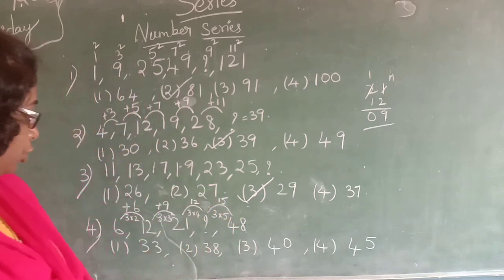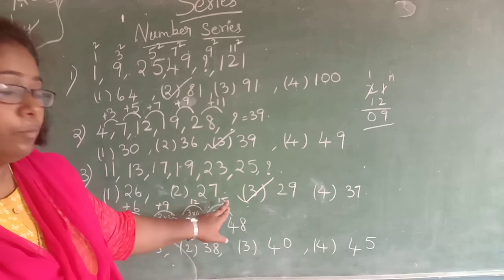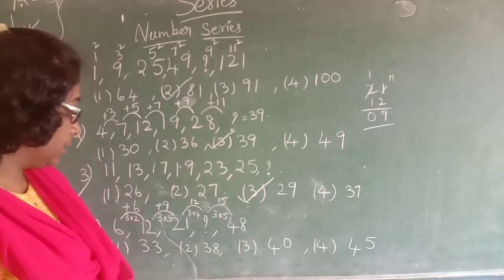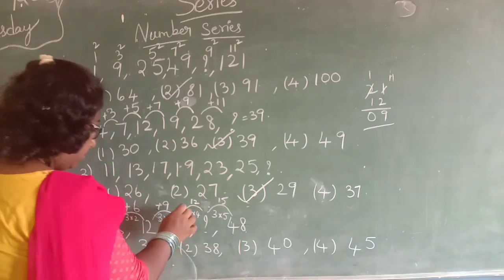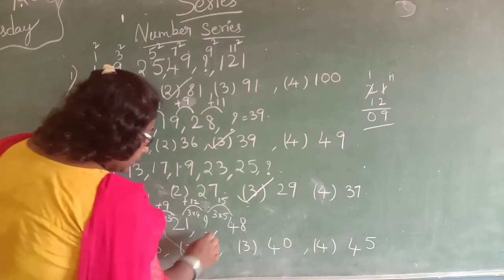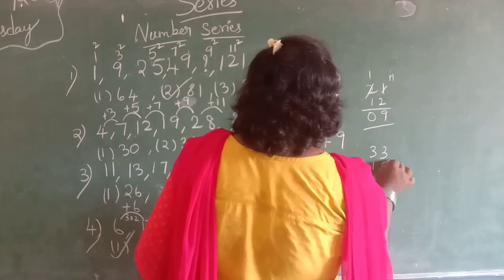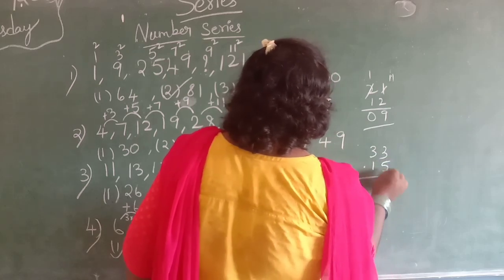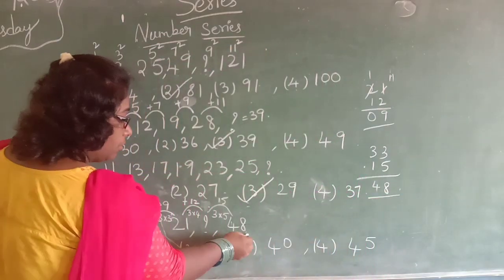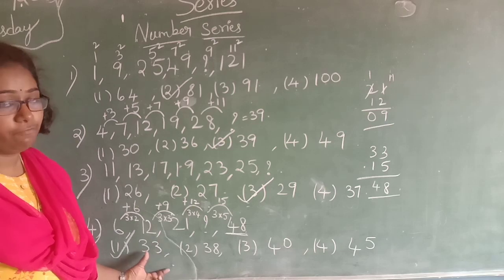Just check with the addition of these numbers whether you will get 48 or not. 21 plus 12 is 33. So 33 plus 15: 3 plus 5 is 8, 3 plus 1 is 4. That means you have got this 48, right? So your answer 33 is confirmed.